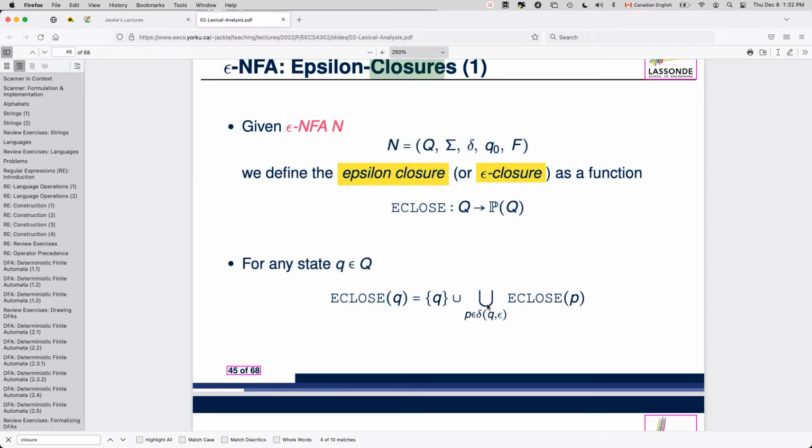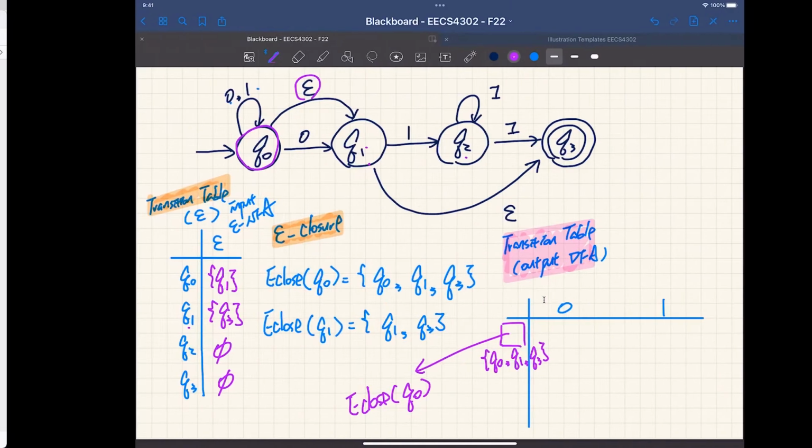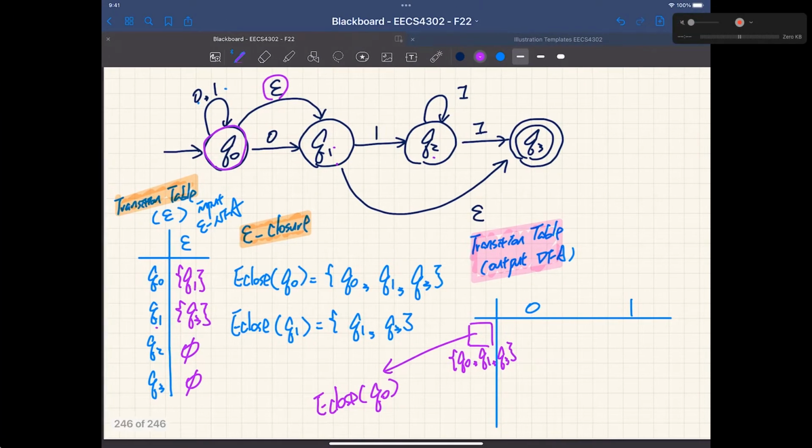And then you want to see all the other states where you can go from Q using epsilon. Once you get those states, you want to calculate the epsilon closure as well, and keep going, basically. So that's why this will be Q0, Q1, and Q3.